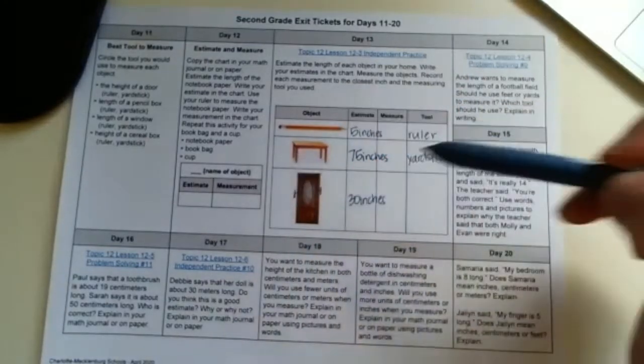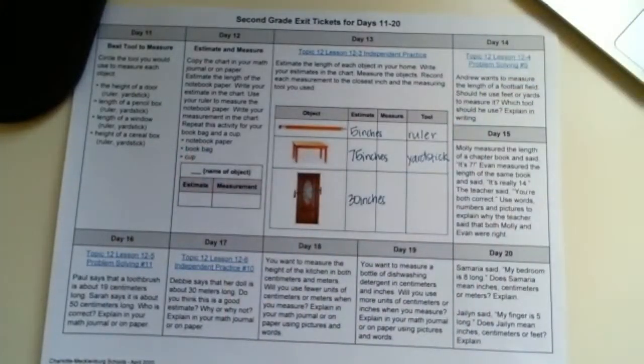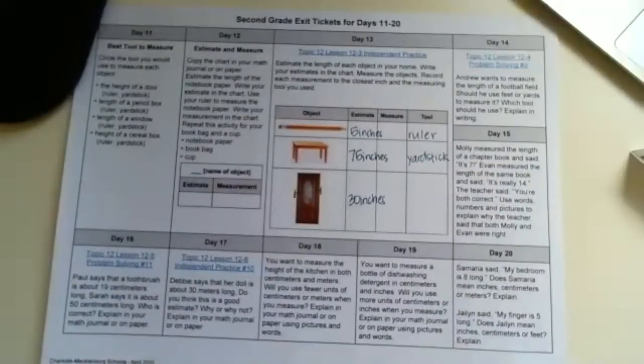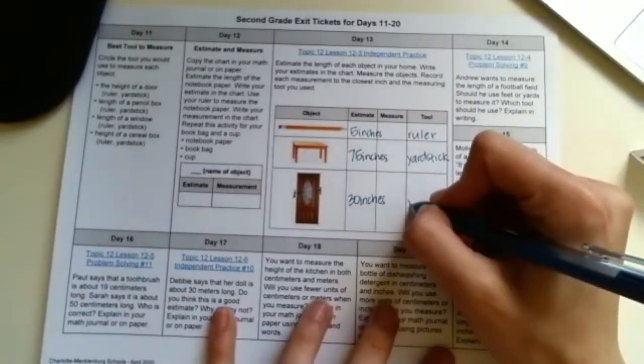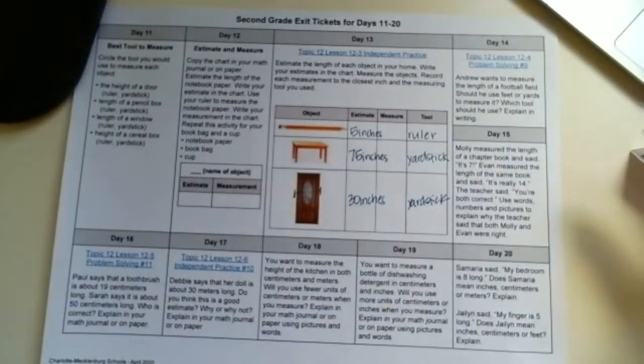My ruler only goes to 12 inches, but my yardstick goes to 36 inches. So I'm going to use my yardstick to measure my door as well.